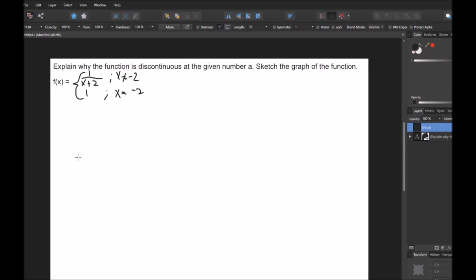Okay, so in this next problem we're asked the exact same thing, except our function now is different. Our function now is piecewise defined, and one piece is that f of x equals 1 over (x plus 2) when x is not equal to -2, but it's equal to 1 when x is equal to -2. So let's go ahead and sketch the graph, and I'm just going to draw out the little pegs like this.